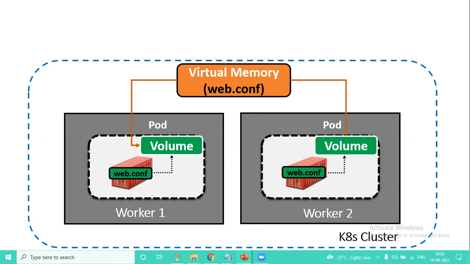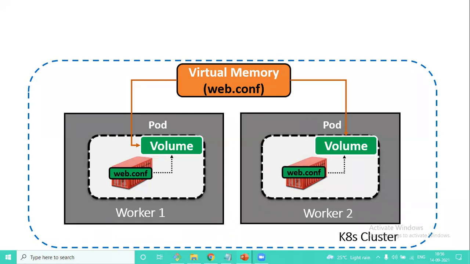So this is where, if you have a file like this, which is a configuration file or a certificate, instead of using the persistent volume, you're going to use this new object called virtual memory. Now in that, there are 2 types of objects.